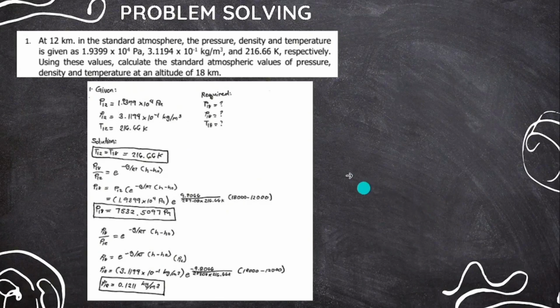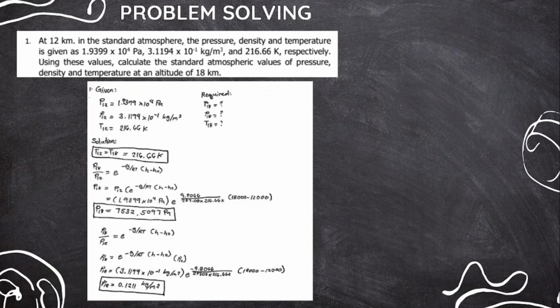First, we should write down the givens. We have pressure at 12 kilometers, which is 1.9399 times 10 raised to 4 pascals. Density at 12 kilometers is equal to 3.1194 times 10 raised to negative 1 kilogram per cubic meter.